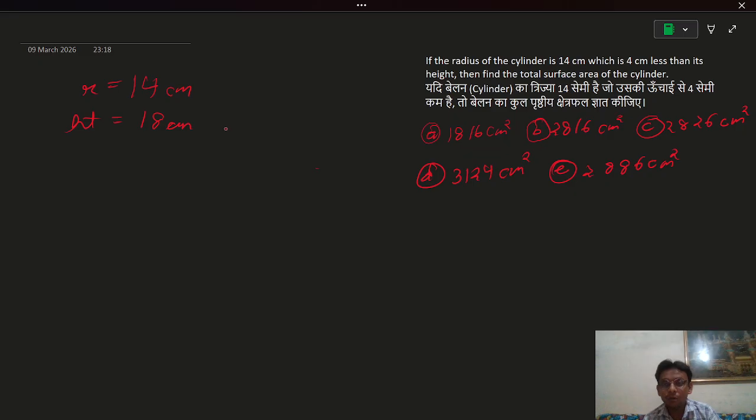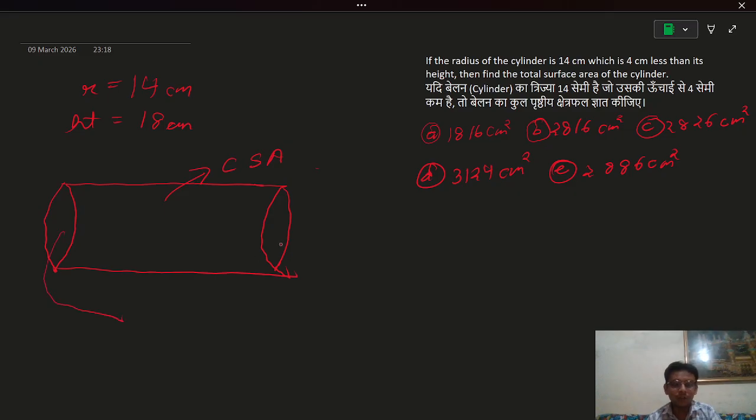Okay. Then find the total surface area. Have you ever seen a cylinder? In Hindi, it is also called belan, right, so cylinder. So what will be the total surface area? This is the curved surface area, and these are the circular areas or plane areas.